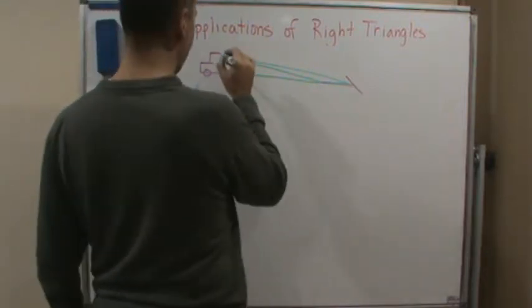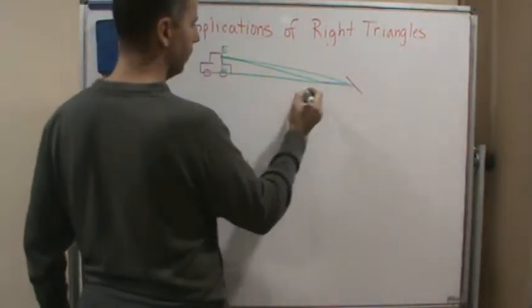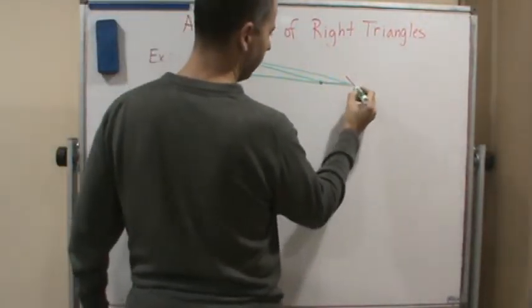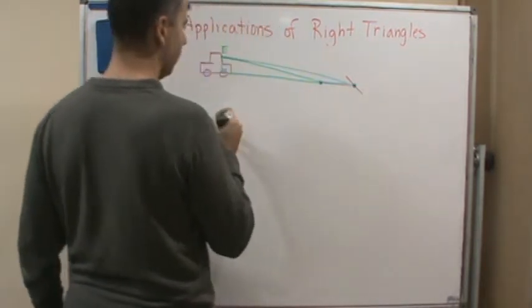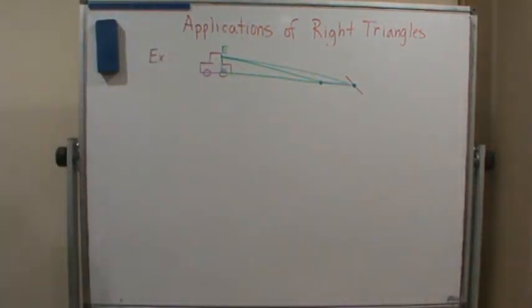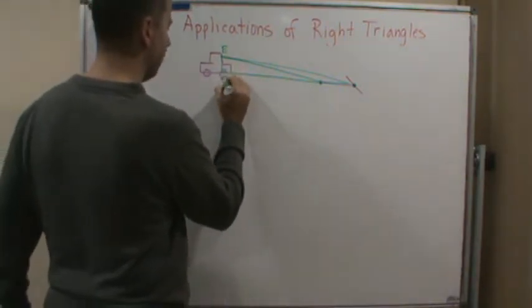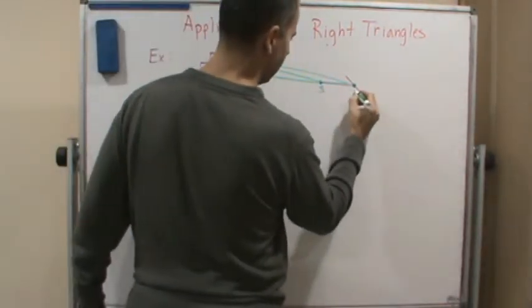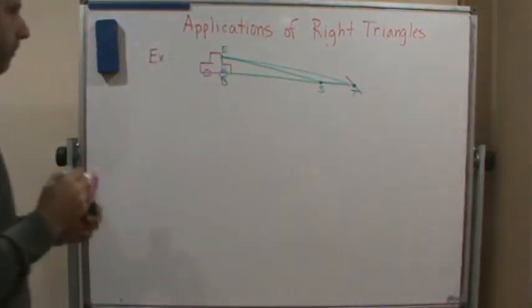We've got this point E at the top, and then the other points we have are B, S, and T.